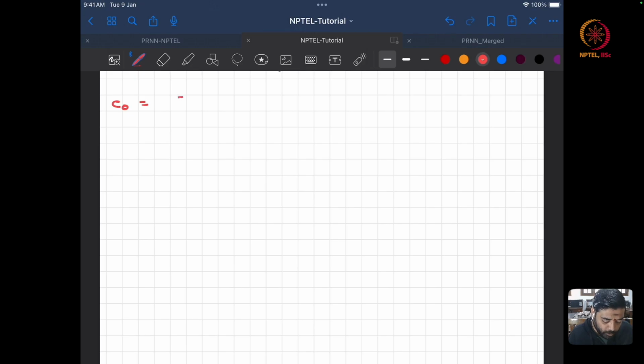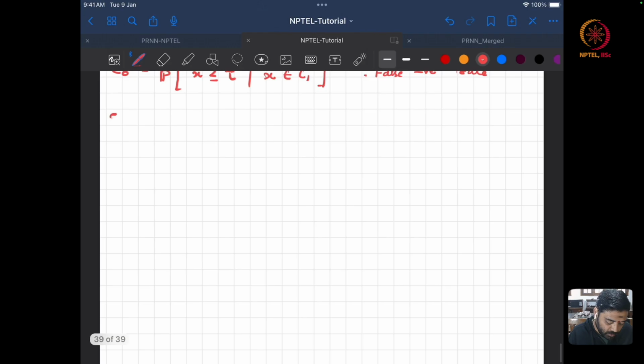When do I wrongly put it into class 0? X is less than tau, when X actually belongs to C1. Now this is falsely put as negative, right? This is the false negative rate.